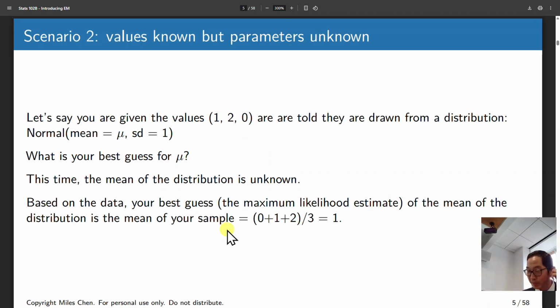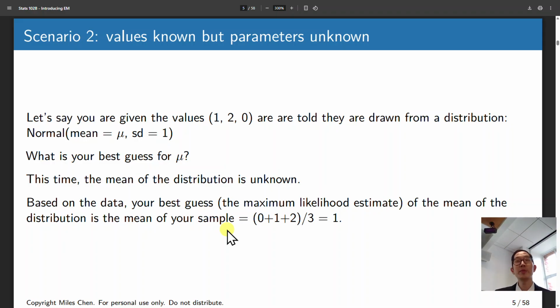Okay. Here's another scenario where the values are known, but the parameters are unknown. So let's say we're given the values 1, 2, and 0, and I tell you that they're drawn from a distribution, except for this distribution, the mean is unknown. So it's a normal distribution with an unknown mean, standard deviation 1, and what is your best guess for the mean mu?